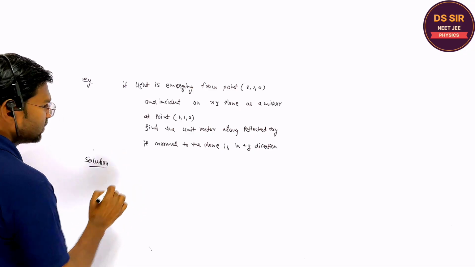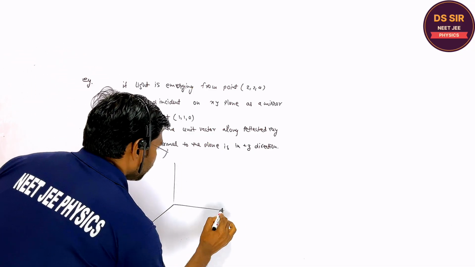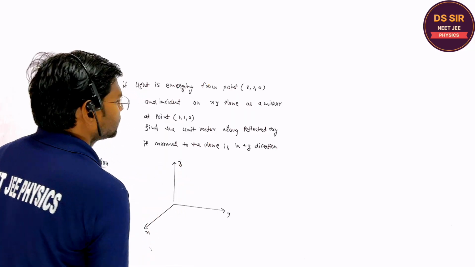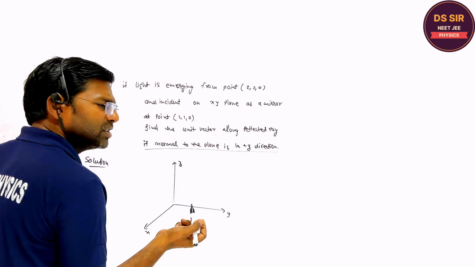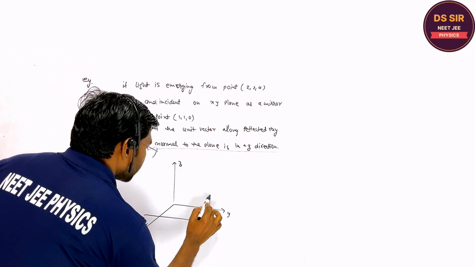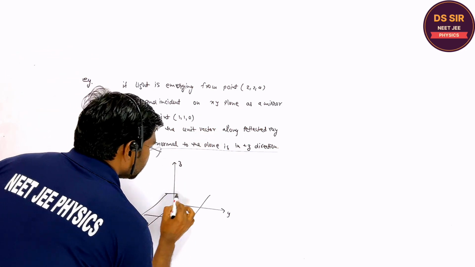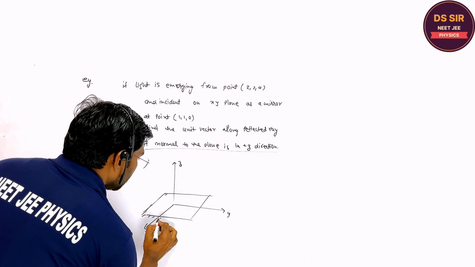All right, copy this. So what is the question? Please try to understand first. Here, suppose this is the x-axis, y-axis, and this is the z-axis, and the normal is simply in the z direction. So in the xy plane, the mirror is placed over here like this. This is the mirror which is placed in the xy plane. Are you getting or not?